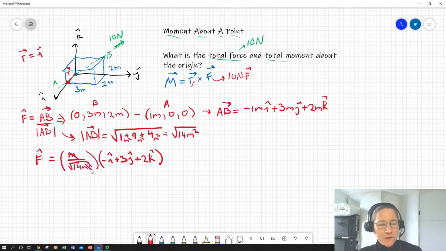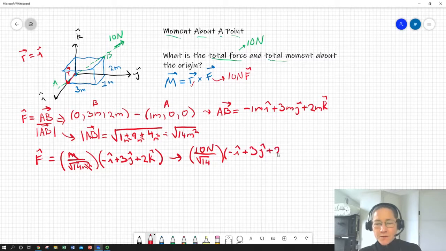And I can cross out meters. Okay, I have no units. I could go back and check that this has a length of 1 if I wanted to be really sure. Okay, so I can send 10 newtons down that. That's my magnitude, so what I'm going to end up with is 10 newtons divided by square root of 14 times negative I hat plus 3j hat plus 2k hat.